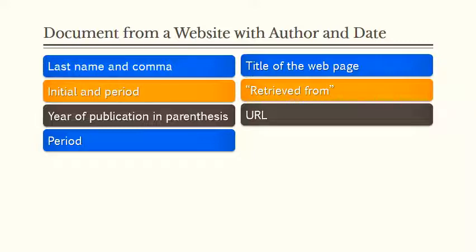The year of publication comes next and is enclosed in parentheses. A period is placed after the closed parenthesis mark. The title of the web page comes next, followed by the words retrieved from. Then write the complete URL of the website. There is no period at the end of the entry.